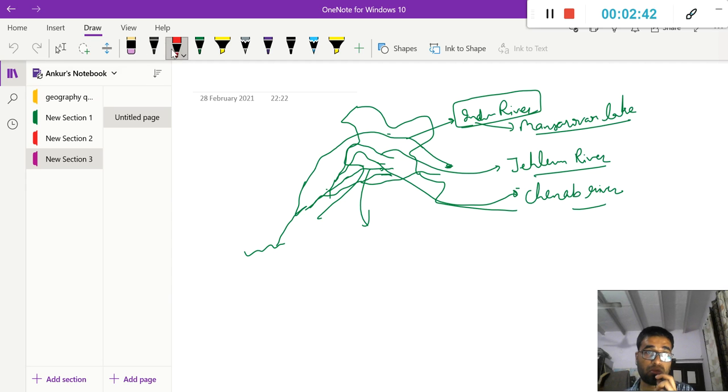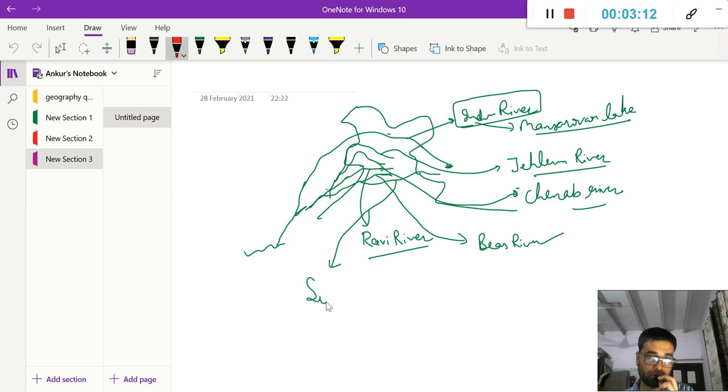This is the Ravi River. This is Beas River, and this is the Satluj River. So these are the 5 tributaries of Indus River.